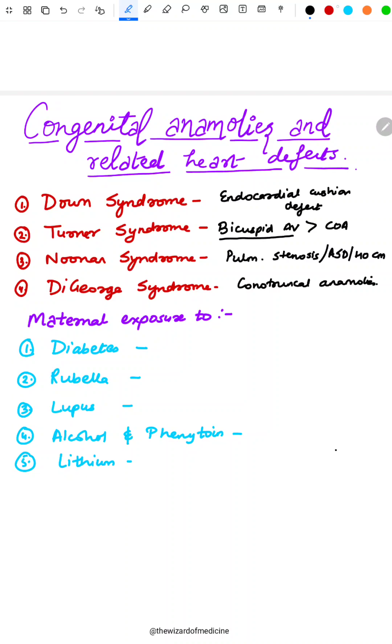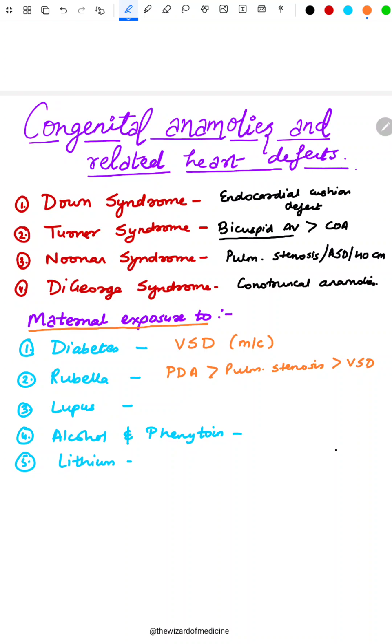Now what if the mother is exposed to certain factors during her pregnancy, like the mother has overt diabetes? The child has chances of having ventricular septal defect most commonly. For congenital rubella syndrome, the child has chances of having patent ductus arteriosus, can also have pulmonary stenosis, and can also have ventricular septal defect.